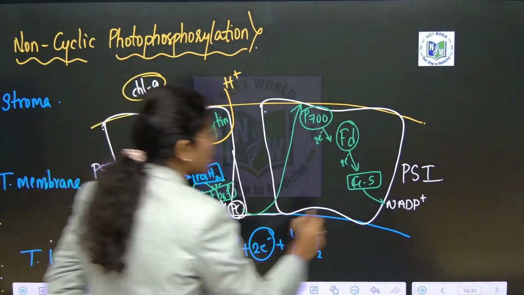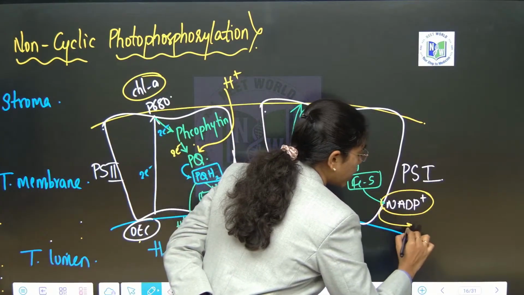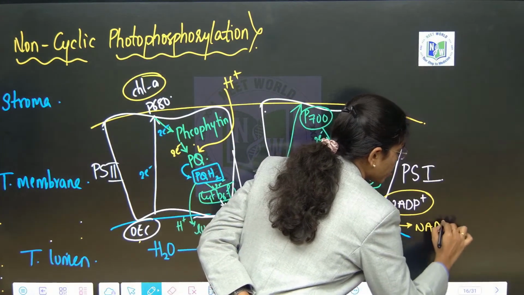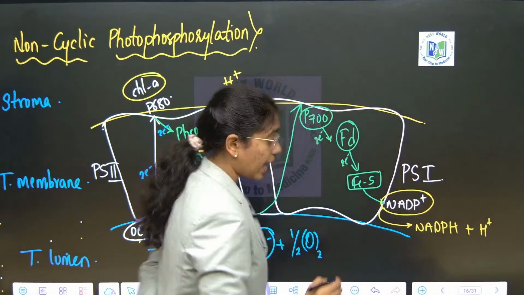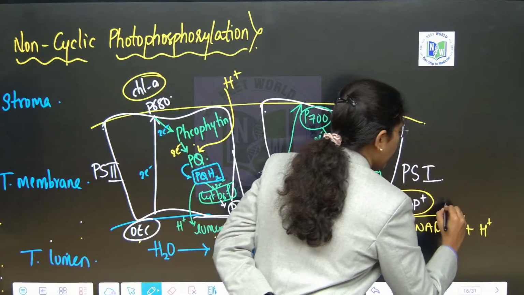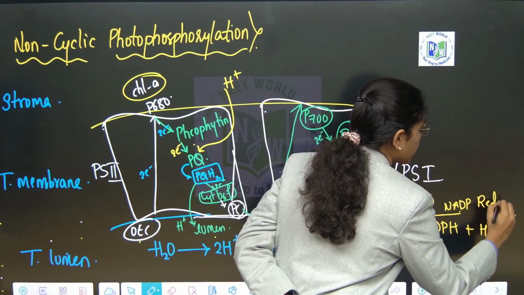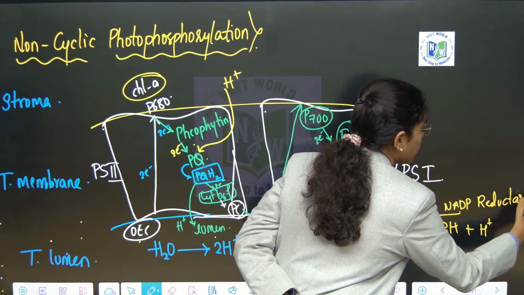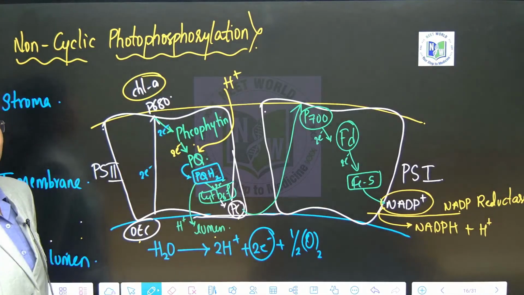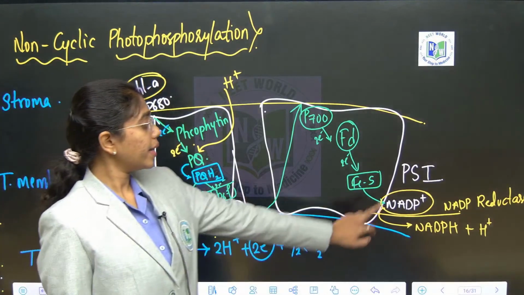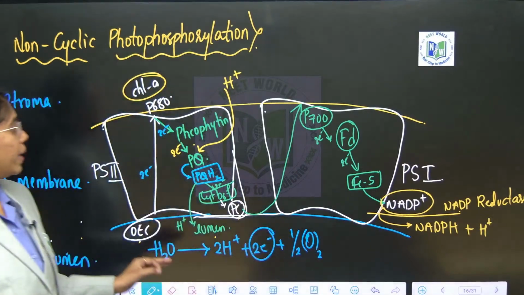This NADP plus accepts the electrons, and this gets converted to NADPH plus H plus by the enzyme NADP reductase. Fine, right? NADP plus is converted to NADPH plus H plus, and NADP is reduced to NADPH by the enzyme NADP reductase.